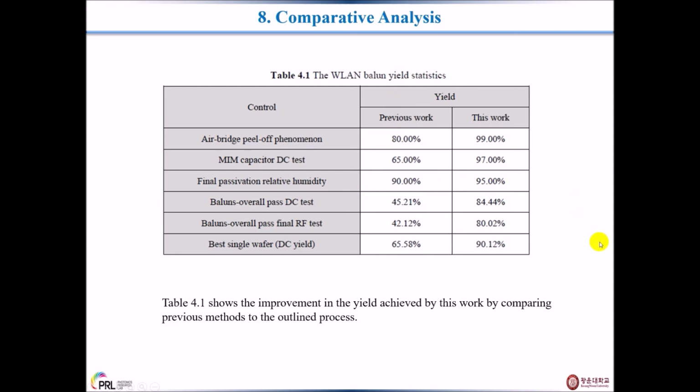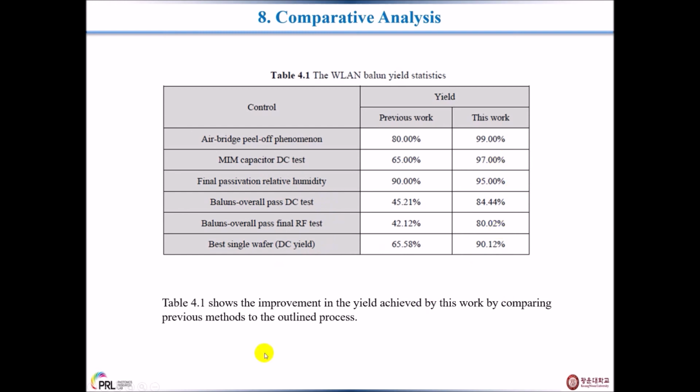More than 50 6-inch gallium arsenide wafers and more than 3000 WLAN balun chips have been processed with a base DC yield around 90% with proper DC specification control. Good DC chips can be achieved with the RF yield over 95%.